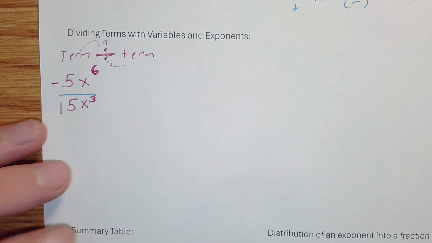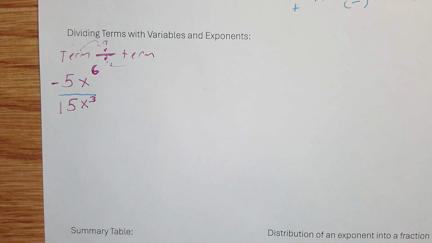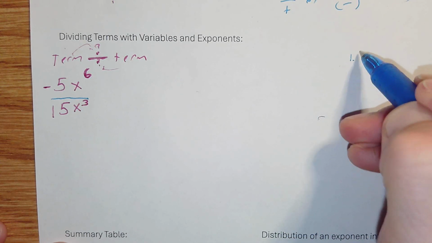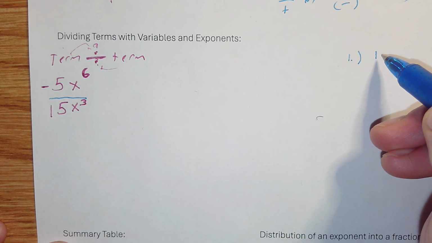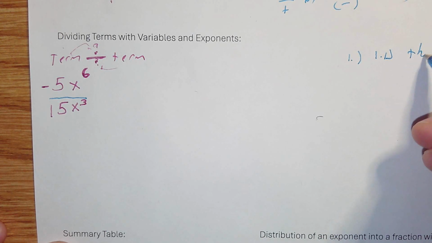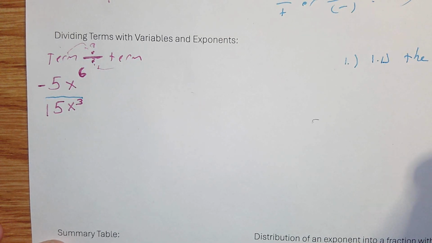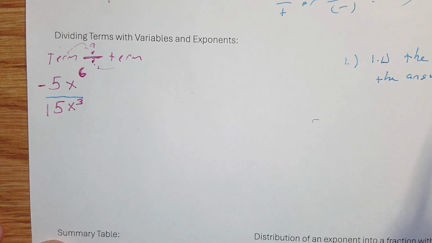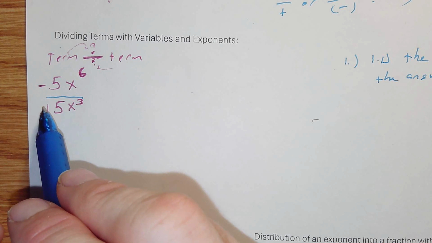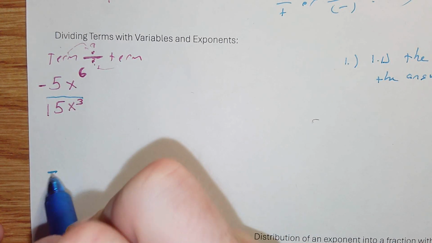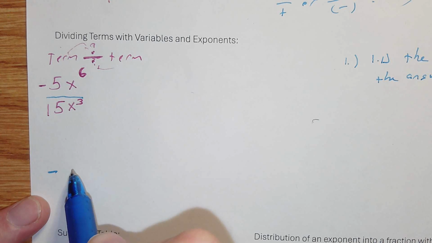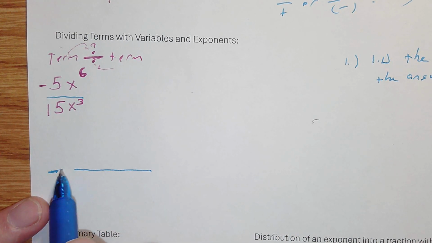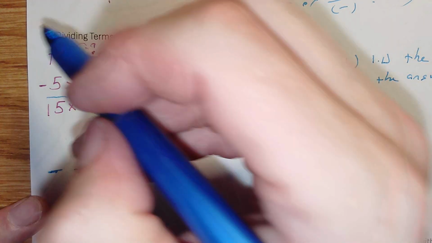Well, I can break this down a little bit. First, I determine the sign of the answer. We have a negative divided by a positive, so my answer is going to end up negative. So I can set up my answer bar and put the negative sign in front of it so I don't forget it, and then I can go to work.